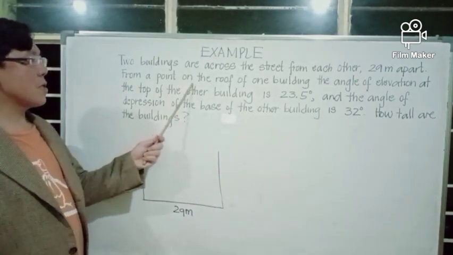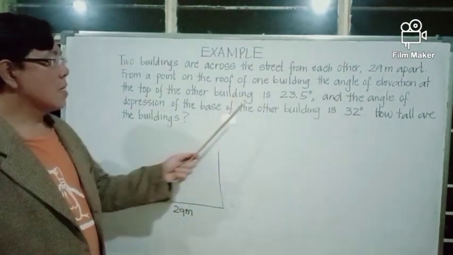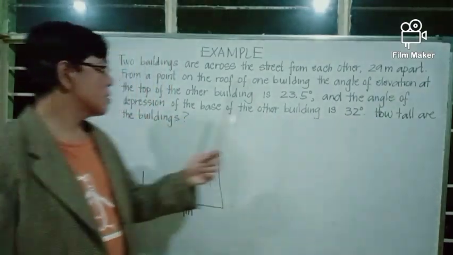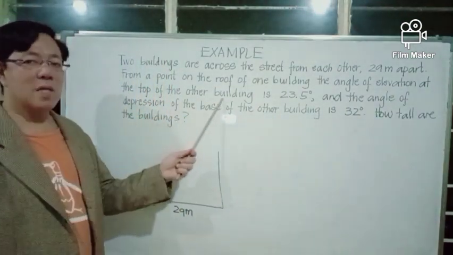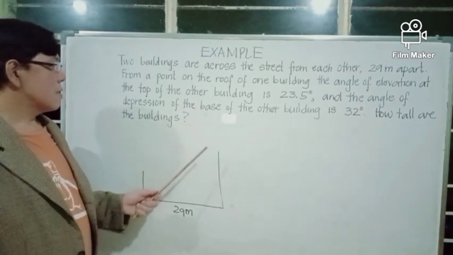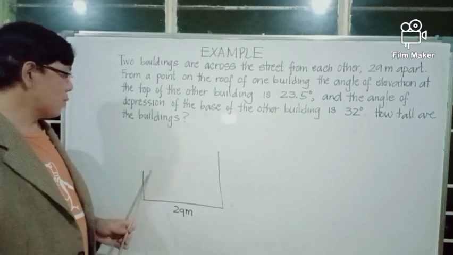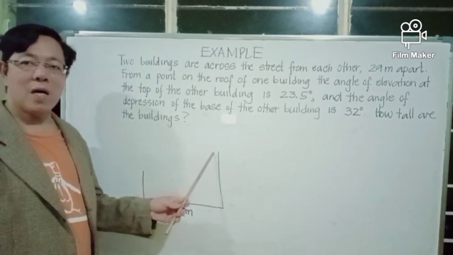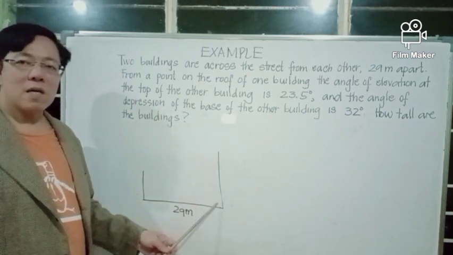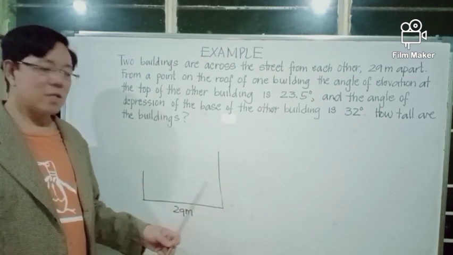From a point on the roof of one building, the angle of elevation at the top of the other building. Now, because there is an angle of elevation from one building to the top of the other building, the problem implies that one building is taller than the other.